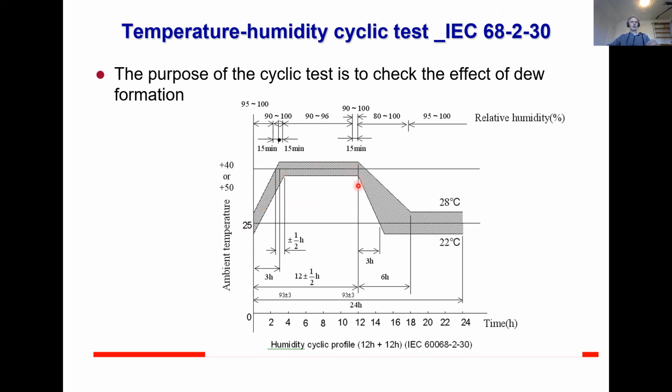Then when you start cooling down, during the ramp down the relative humidity increases to 100%. So at this stage, you start to see dew formation or condensation. Part of the surface of your product will be covered with a film of liquid water. So that is the point.